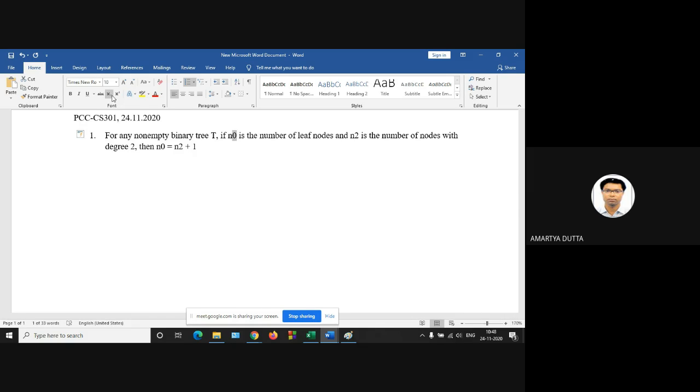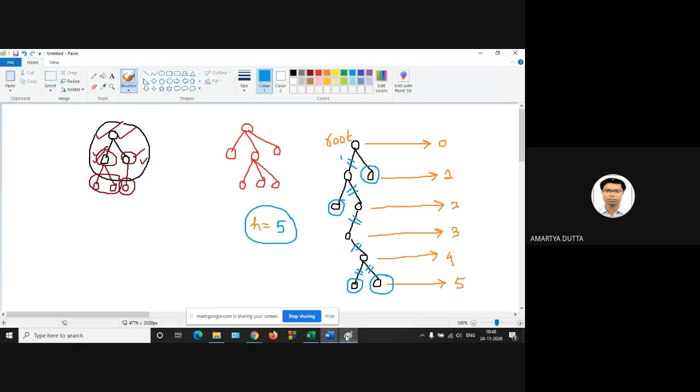Okay, so what is the degree of a node? We have to know what the degree of a node is. The degree of a node means the number of branches, or number of nodes, that are connected to a particular node. So what will be the degree of the root node here? 2.